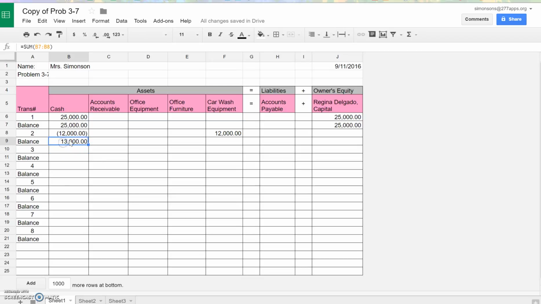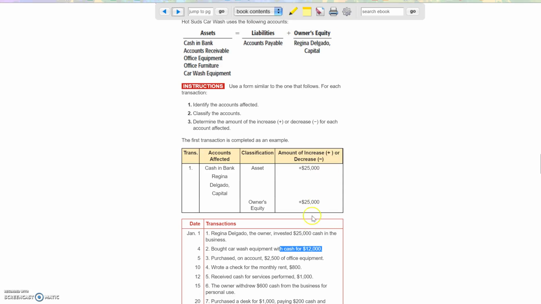I'm going to come back on my sum that I have right here, and I'm going to take my fill handle and I'm going to pull that all the way across. And I'm just going to ignore these places right here. And so I have $25,000 on this side of the equation and $25,000 on this side, so I know that I'm in balance. Okay, let's look at number 3.